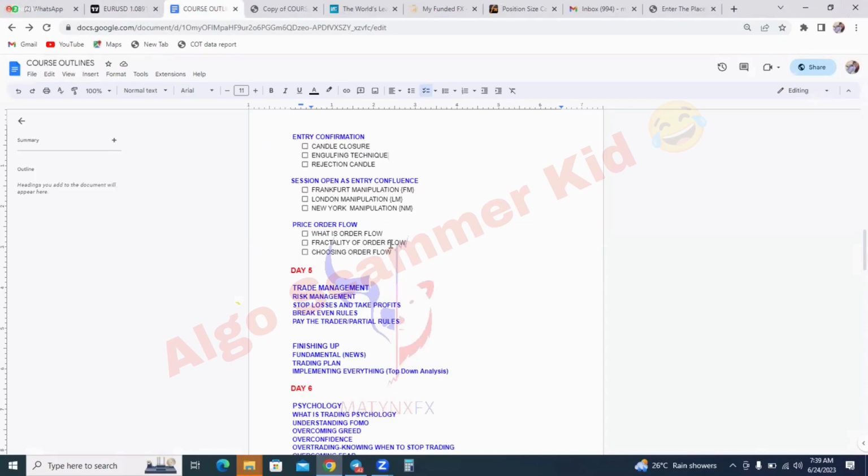So what's the next thing? The next thing is I've talked about fractality of order flow. By choosing order flow, you need to know where you're coming from. So if order flow on the 5 minutes has changed to bullish, you know that you're trading it on the 5 minutes.